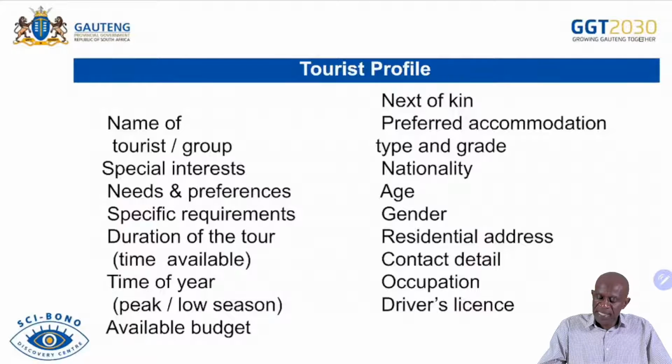The residential address and the contact details, the occupations, and whether the tourist is able to drive, is in possession of a driver's license, and also if he or she qualifies for an international driver's permit, IDP. So all those aspects need to be considered because with a driver's license, you may find upon reaching the destination, the tourist will need to rent a car.